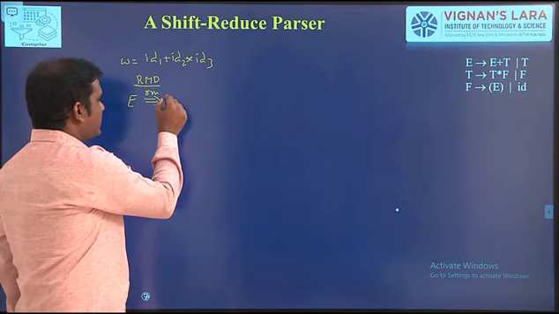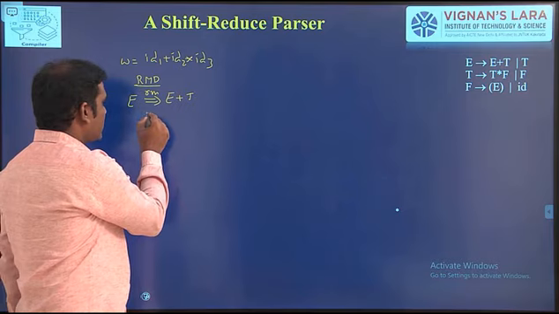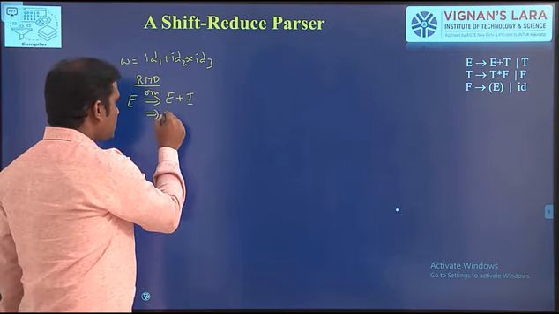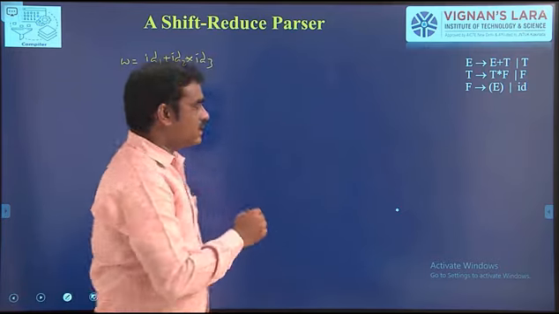In this case E derives E plus T. Next, the rightmost non-terminal is T, so E plus, now T is replaced with T star F.